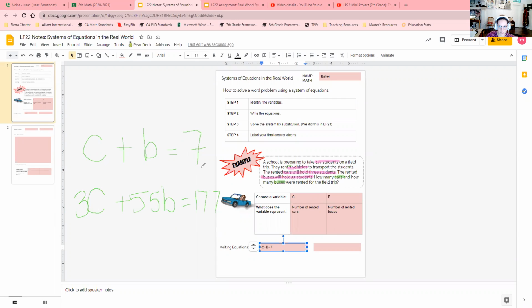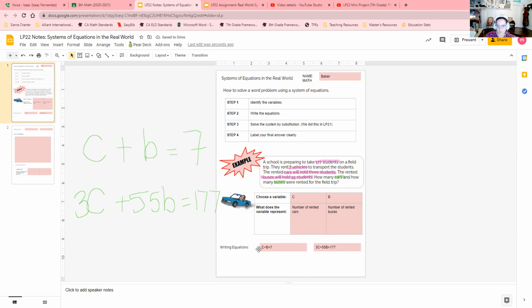And so your first is just the generic basics. The second is dealing with how many students we've got. And that's it. There are 2 equations. So 3 students per car and 55 students per bus all together is going to give us 177 students.